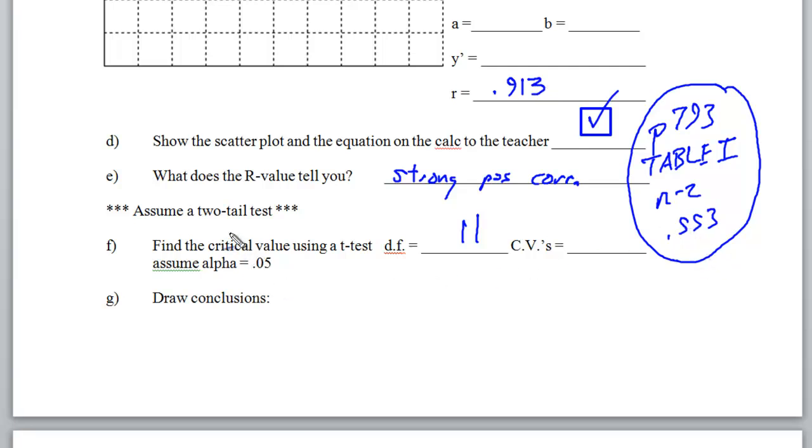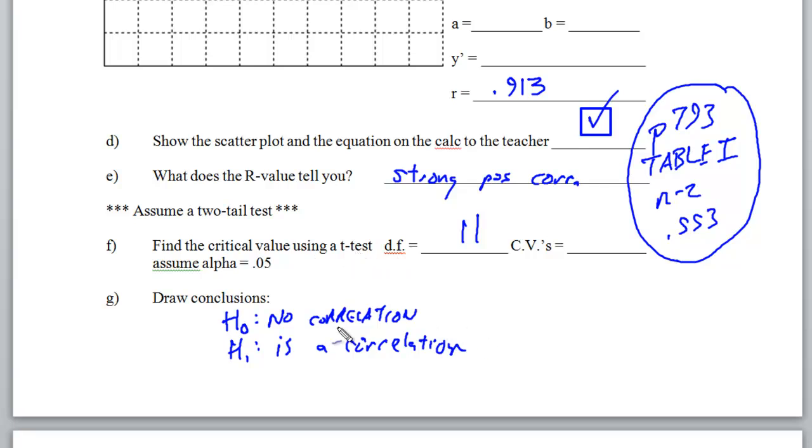Now, to do a two-tailed test where we assume that the null hypothesis is that there's no correlation, and our alternative hypothesis is that there is a correlation, we're going to take a t-test for this.